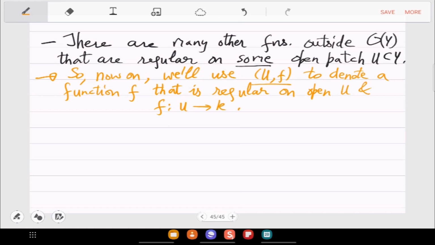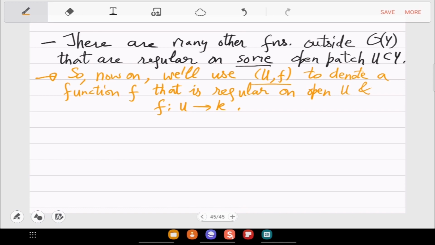On an open patch only it is defined, and there it's a regular function, so it has this representation g by h. To capture that data, we have to also put in the domain. So now instead of a function f on the whole variety Y, you should think of just (U, f), f with the domain.